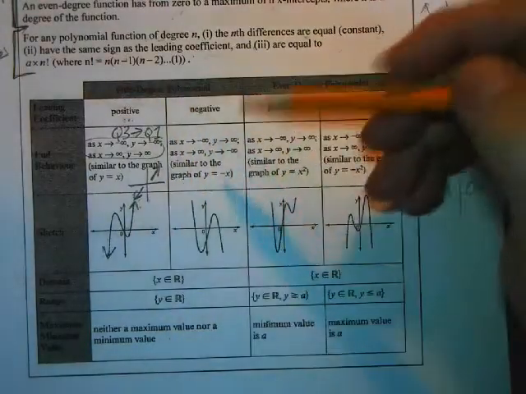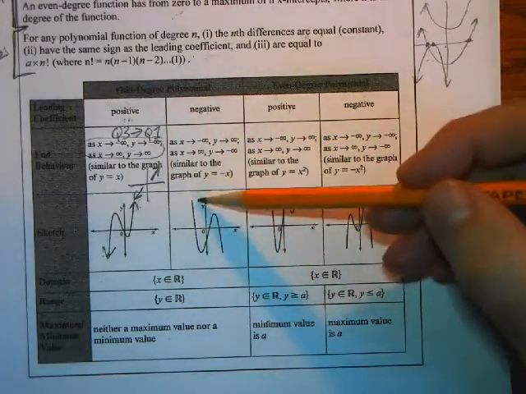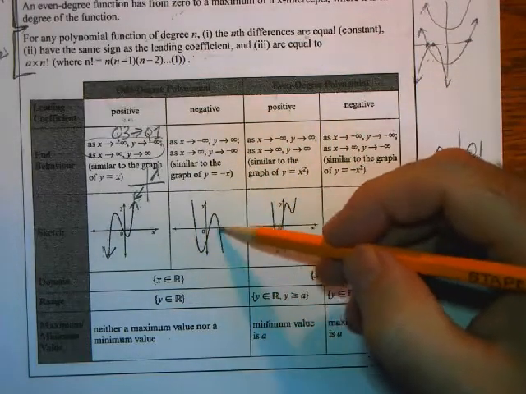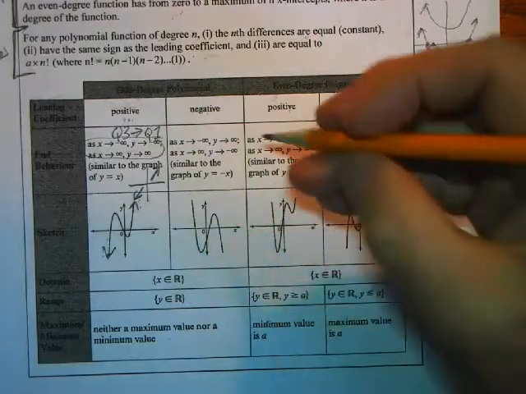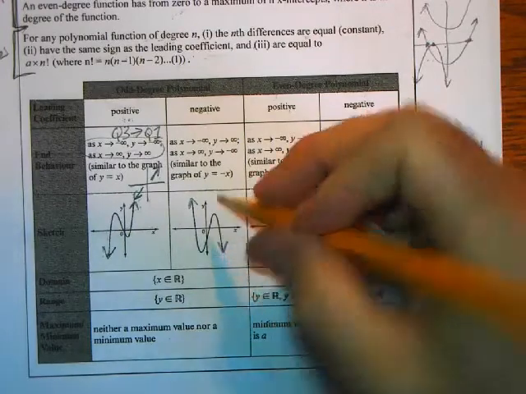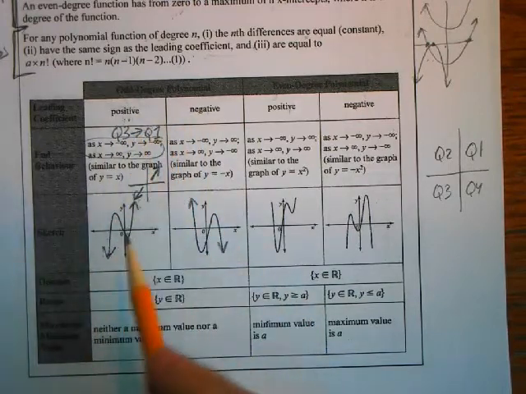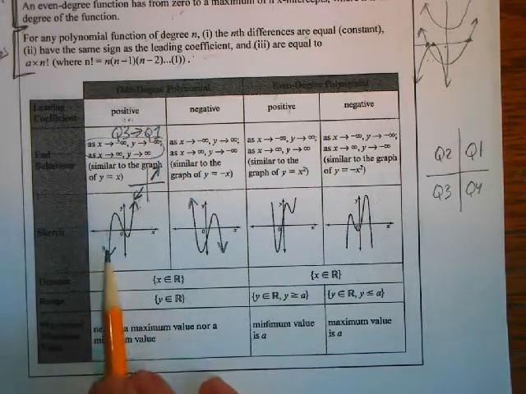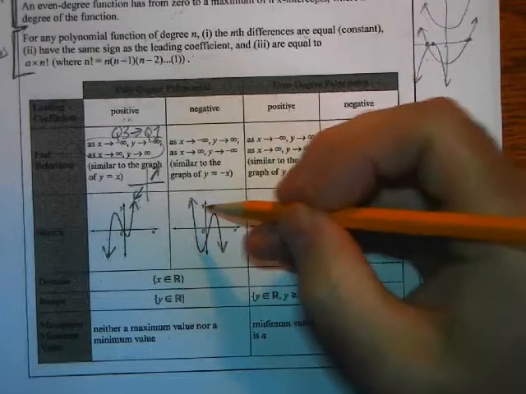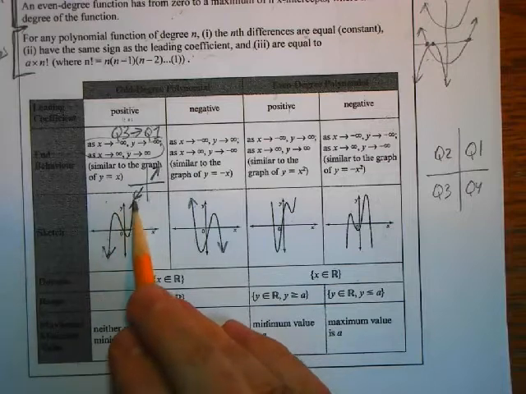Okay, if we now go to an odd degree polynomial, this time with a negative leading coefficient, all those types of polynomials will have this. It won't look exactly like this, but the main thing we're looking at is what's going on at the end behavior. When you change the leading coefficient from positive to negative, it basically flips upside down. So now instead of starting in this quadrant, it starts here, and instead of ending in this quadrant, it ends here.